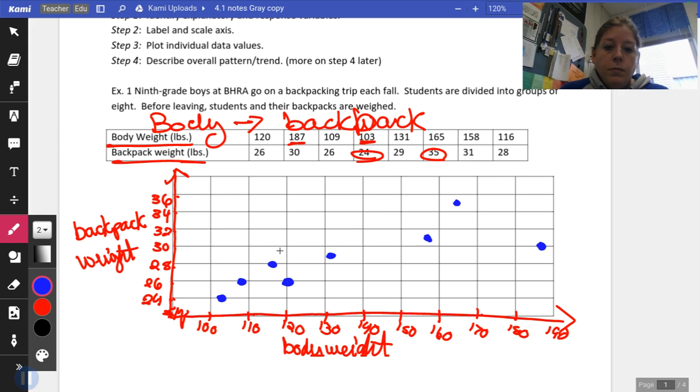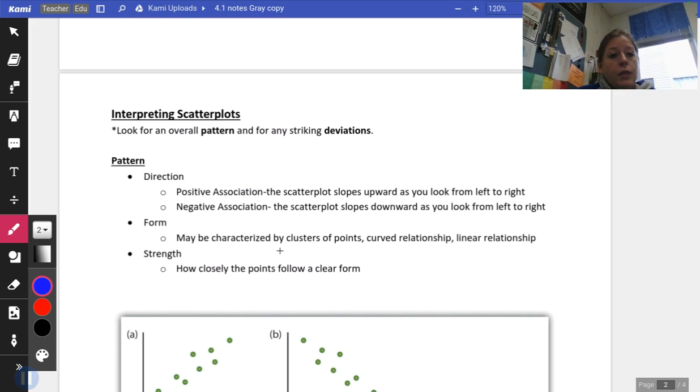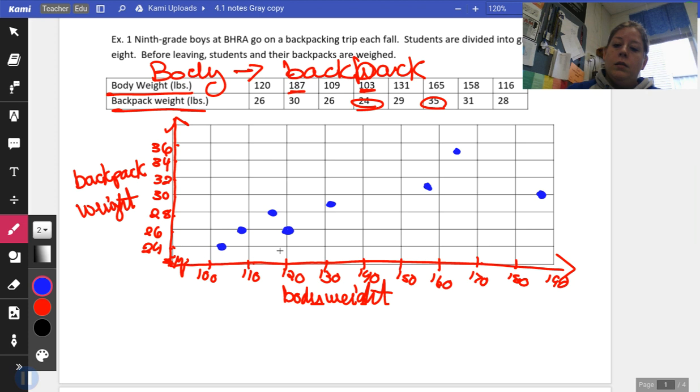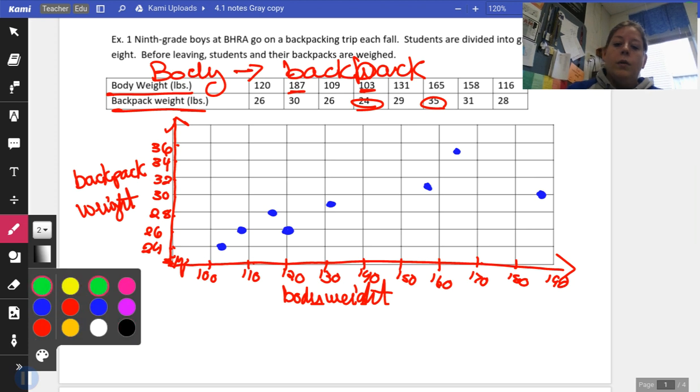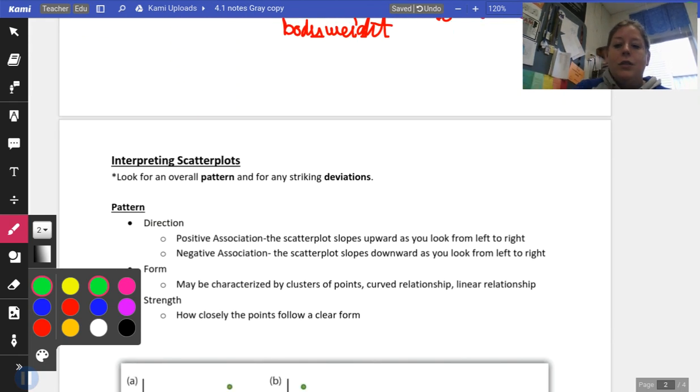Pretty much. Okay, so there can be a positive association or a negative association. Does the scatter plot go up as you look at it from left to right, or does it go down as you look at it from left to right? In this one, we're going mostly up as we read left to right. So it's a positive association.